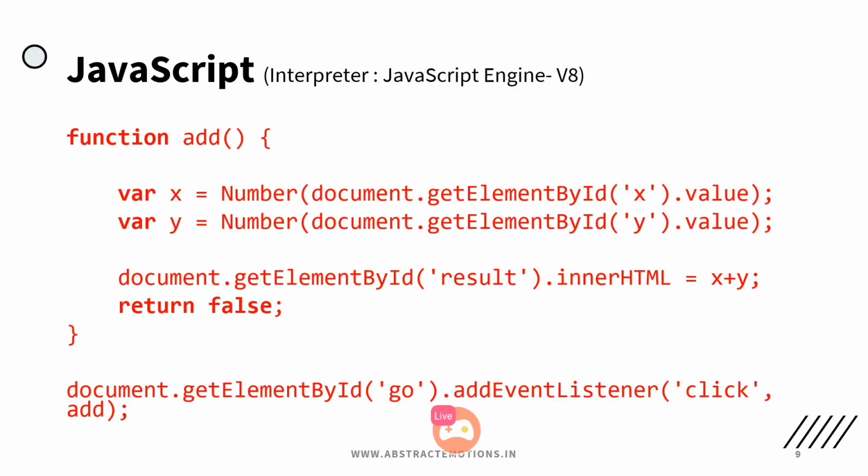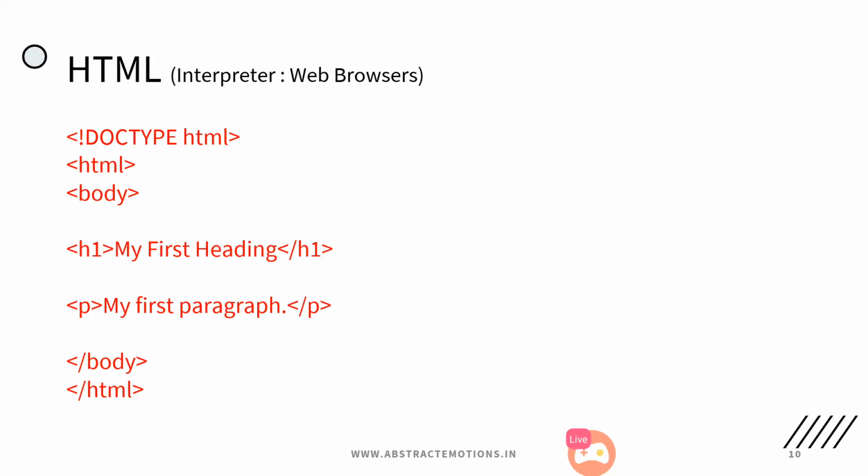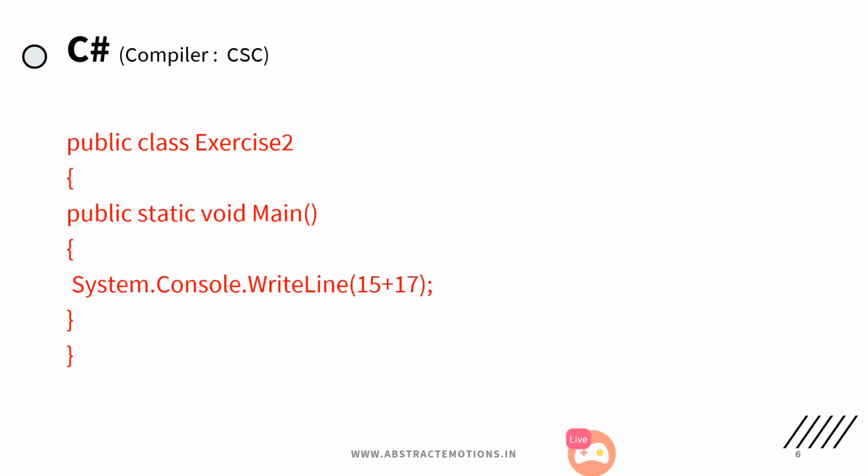In JavaScript, that's code from JavaScript that we'll be learning in the last session. And then we have HTML, which is a markup language, and you can see how HTML code has been written.